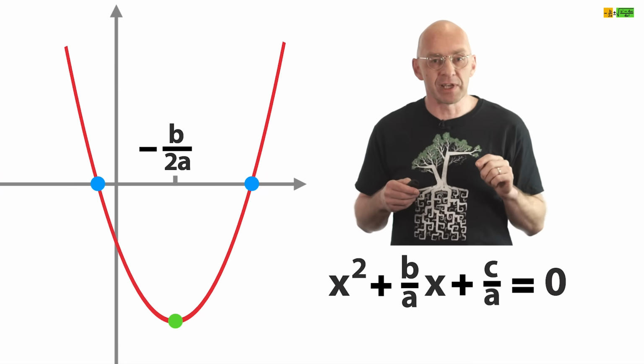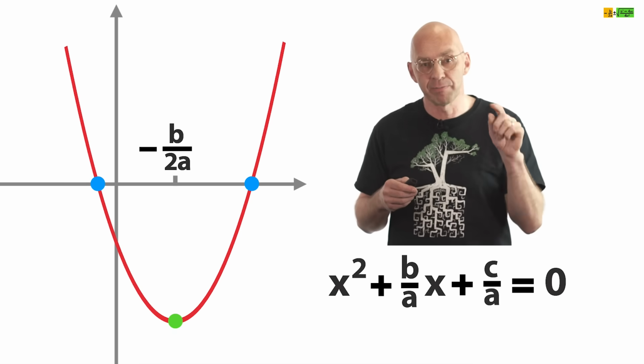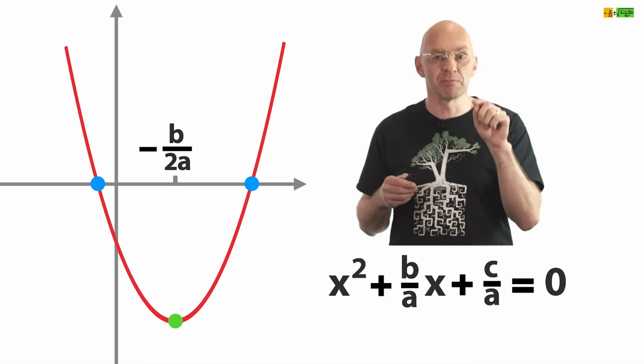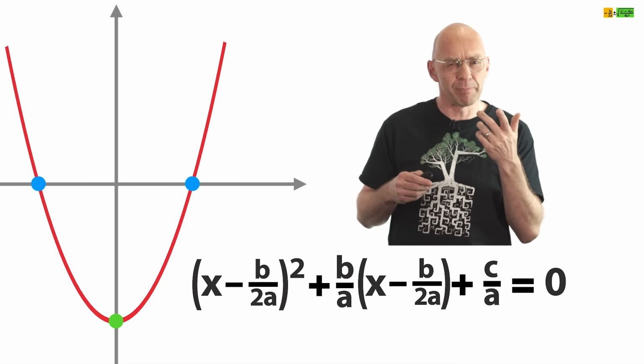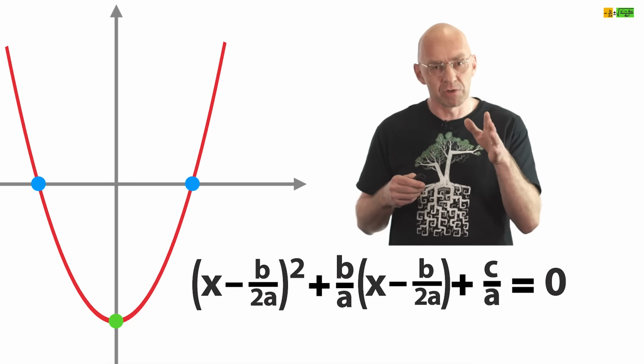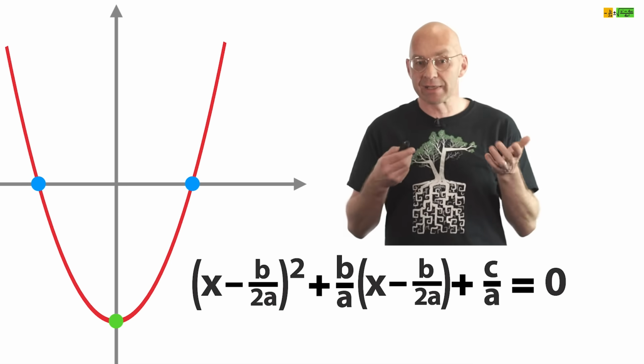To obtain the quadratic equation of the new shifted parabola, we replace every x by x minus b over 2a. Maybe ponder that for a second? All good? Great. Now use algebra autopilot to expand and collect like terms.